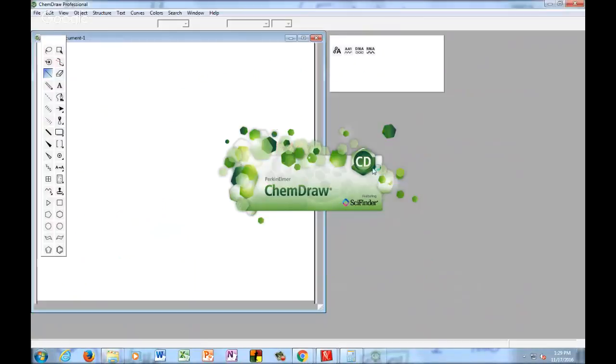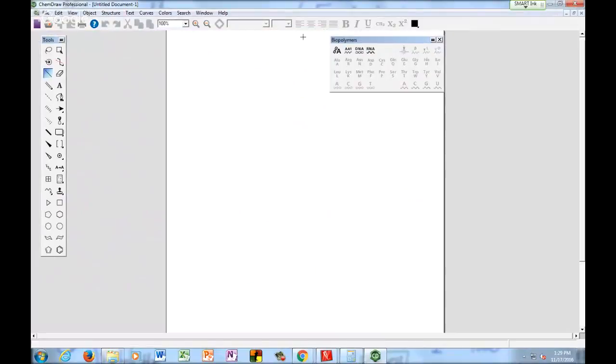called ChemDraw, which we use for drawing structures and for publication and that kind of stuff. But I can draw some crazy things like these, which are all carbons, and we're going to learn about these structures soon enough. Like connecting them in weird ways.